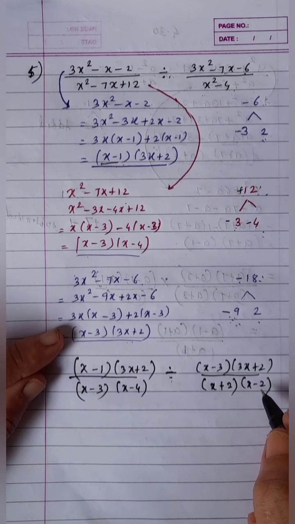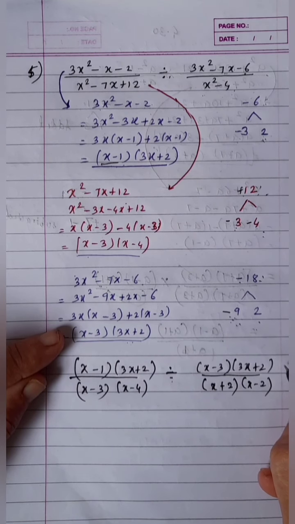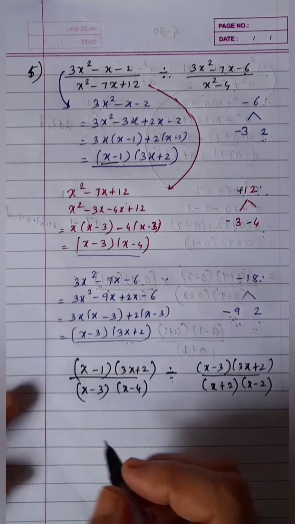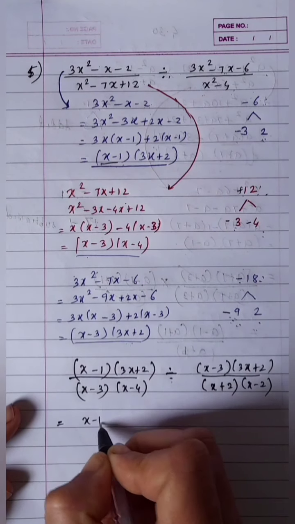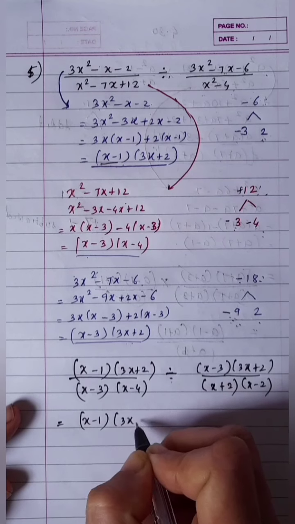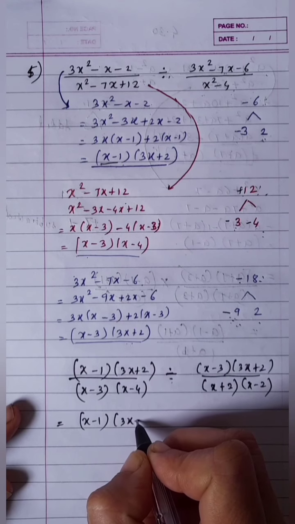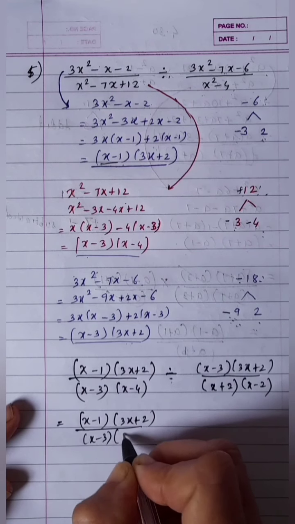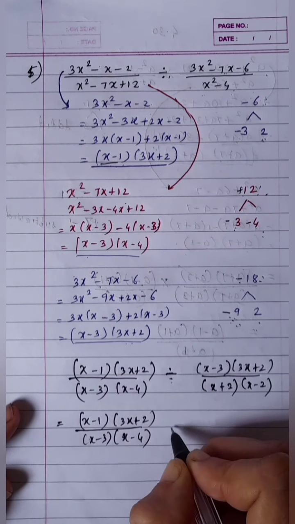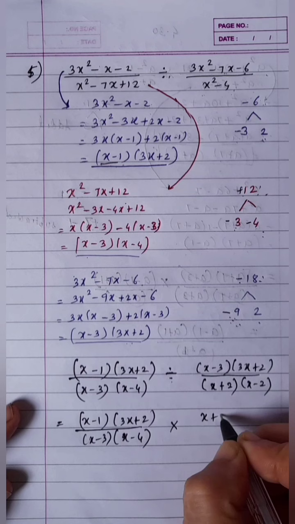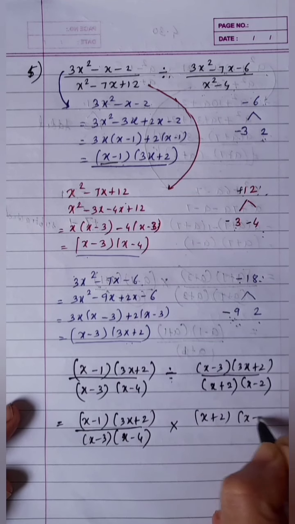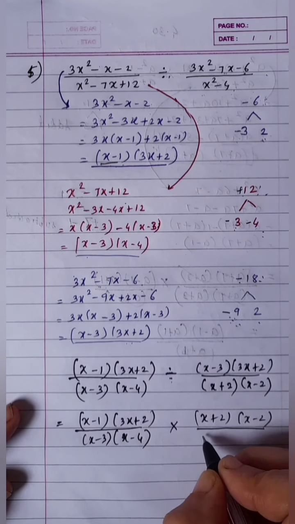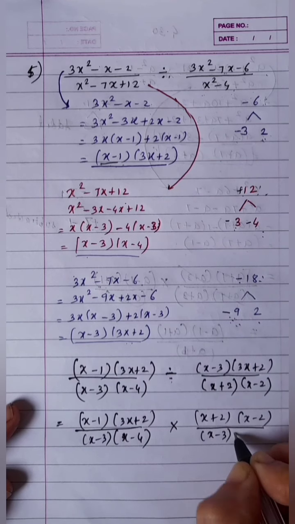What do you mean by reciprocal? We make numerator as denominator and denominator as numerator. So when we further simplify this, we get x minus 1 into bracket 3x plus 2 upon x minus 3, x minus 4, multiplied by the reciprocal. I am making denominator as numerator and numerator as denominator.